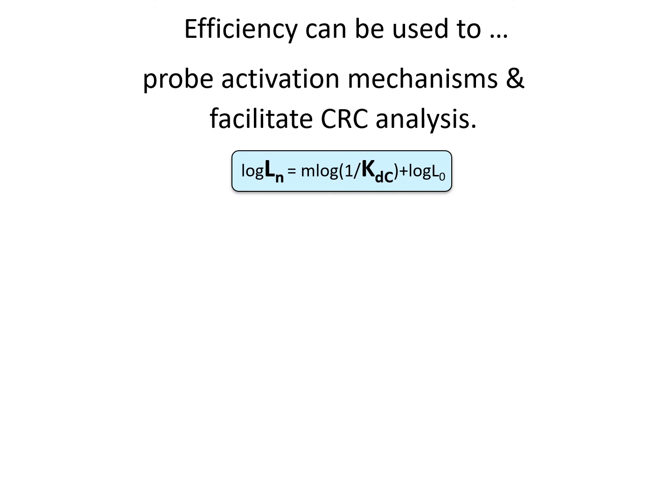And those two are related only if you know m and log L0. M is the slope of the efficiency plot, which is related to efficiency, and log L0, of course, is just the unliganded gating equilibrium constant. So if you know those 2 parameters, you can calculate affinity from efficacy and efficacy from affinity using this blue equation.